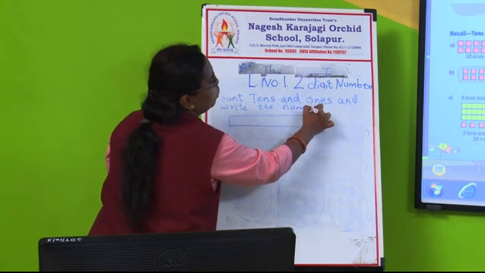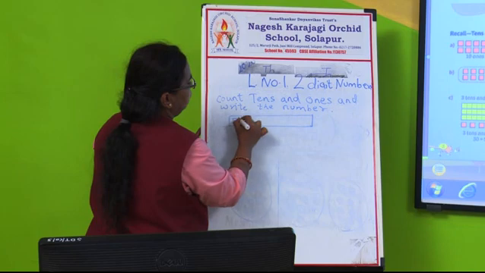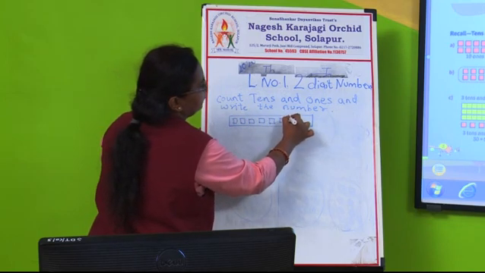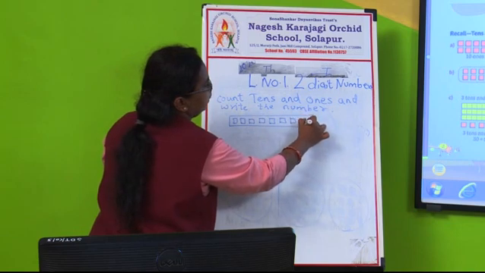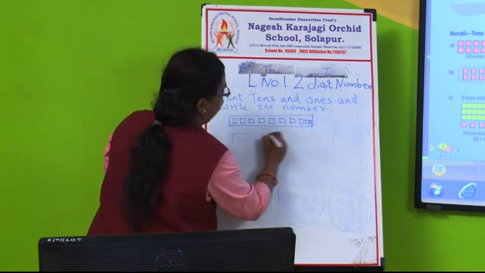From here you want to count the tens and ones. Okay. So 1, 2, 3, 4, 5, 6, 7, 8, 9 and 10. Okay. This is one box.